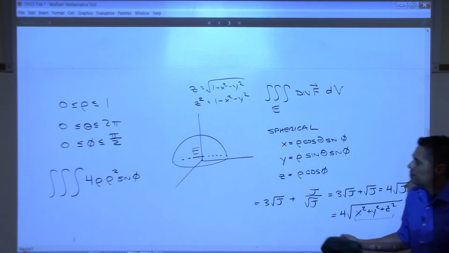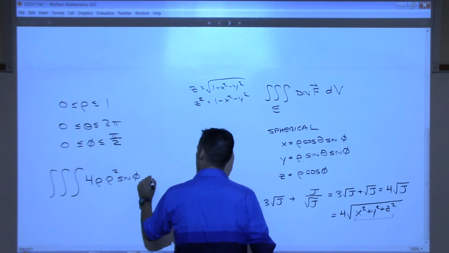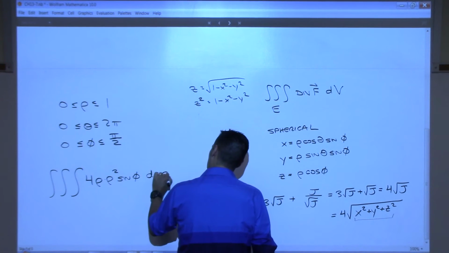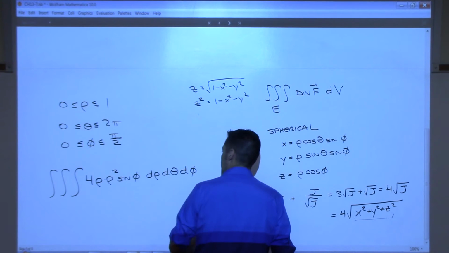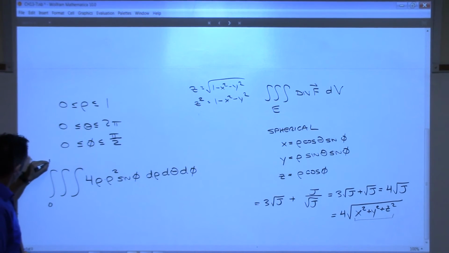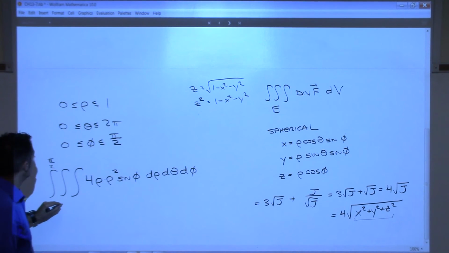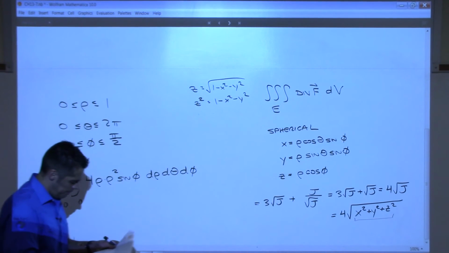And finally, my variables. Doesn't matter what order, right? D rho, d theta, d phi. And you've got 0 to pi over 2, and 0 to 2 pi, and 0 to 1.